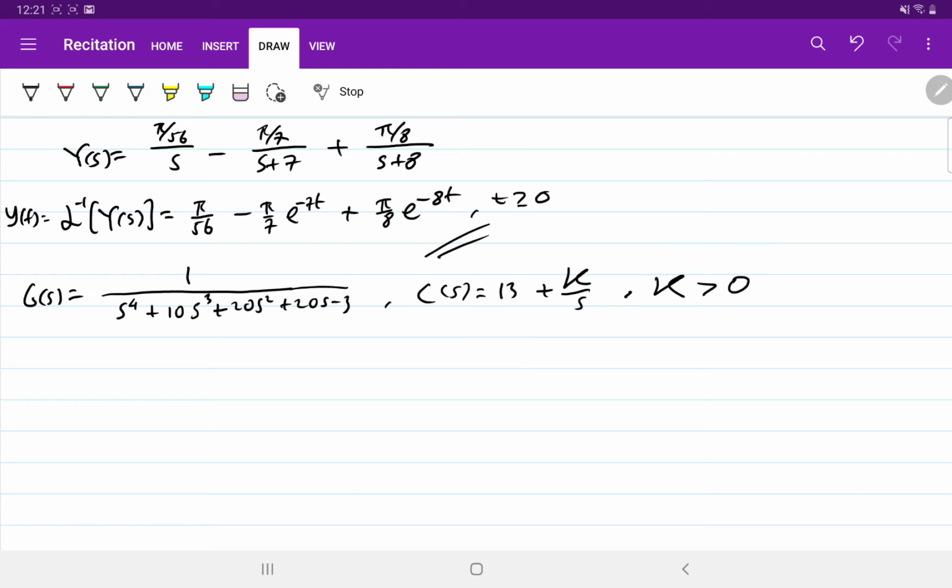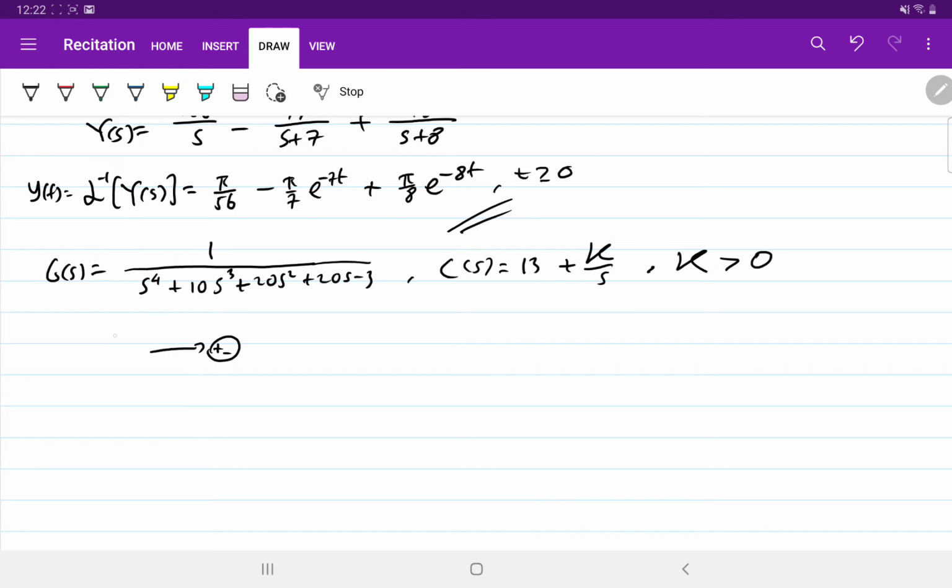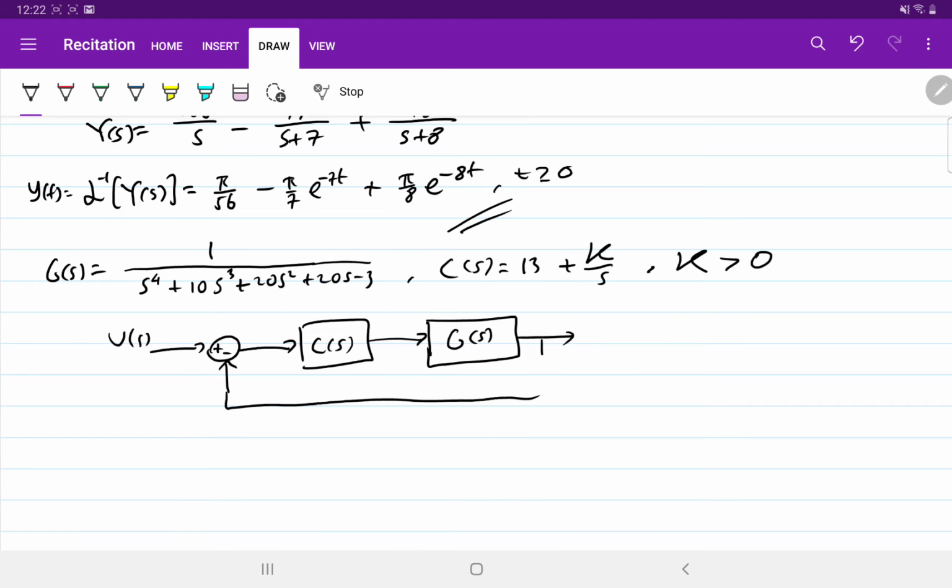And here is the transfer function we have designed already, C of s. Usually C represents the controller and G represents the plant, the system that we want to control, and we have a negative feedback, the output here.